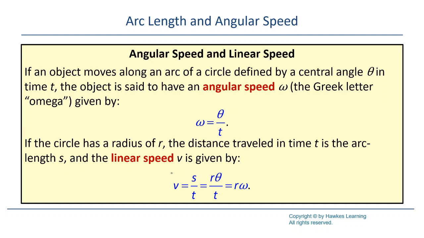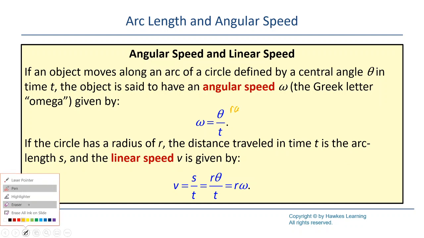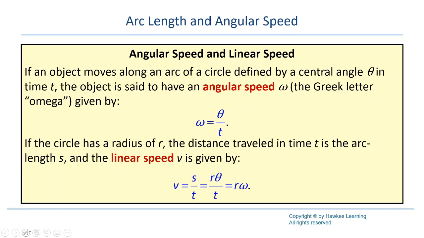So this would be radians per time unit. It's kind of like miles per hour, except instead of miles, your distance traveled is actually radians, going over this arc.